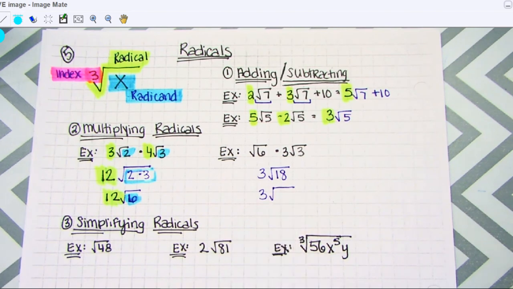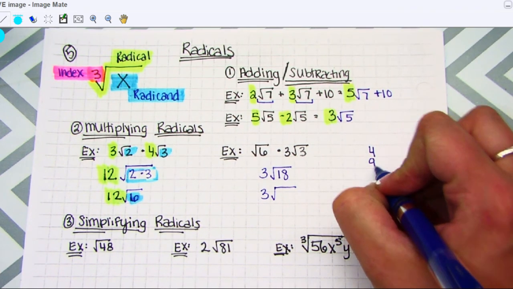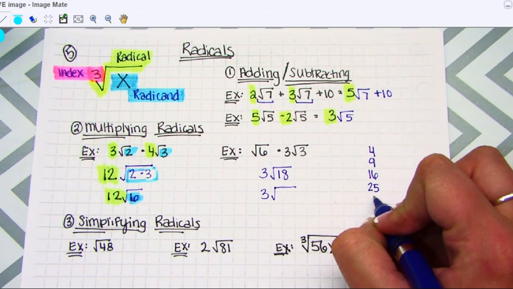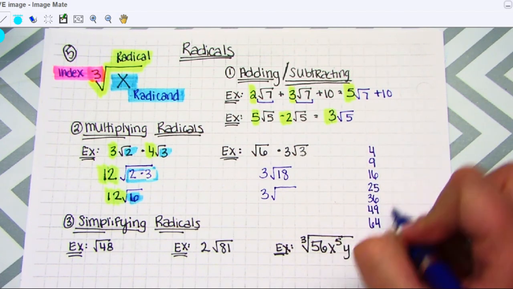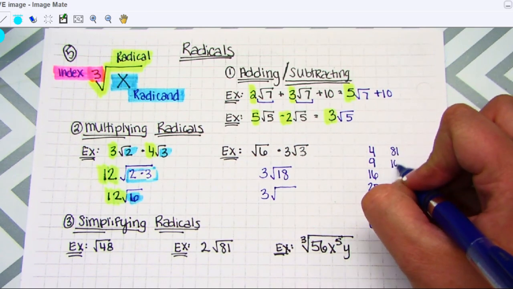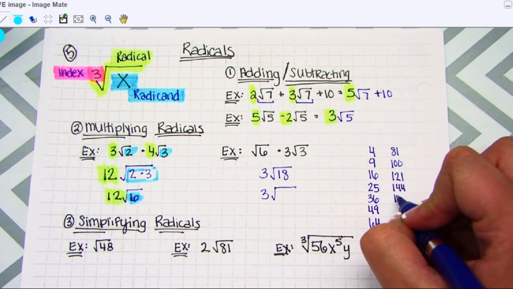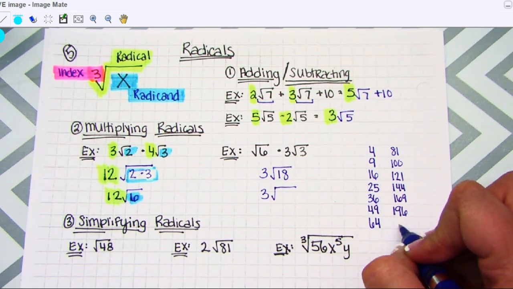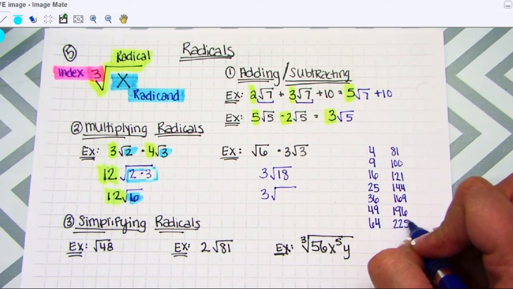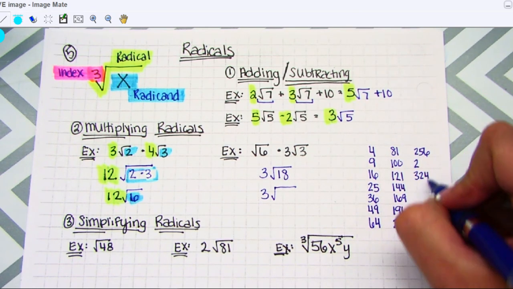So the way you want to do these, we know our perfect squares. Okay, I'll list them over here. We know 4 is a perfect square, 9, 16, 25, 36, 49, 64, 100, 196, 225, 256, 289, 324, 361, 400.